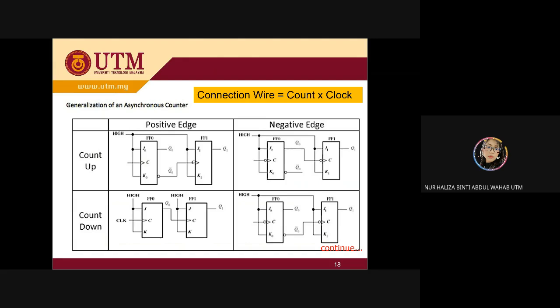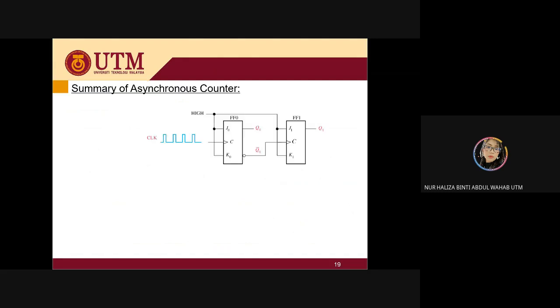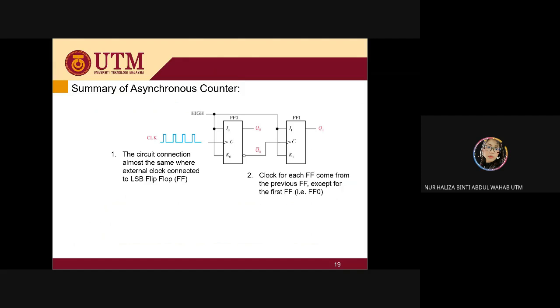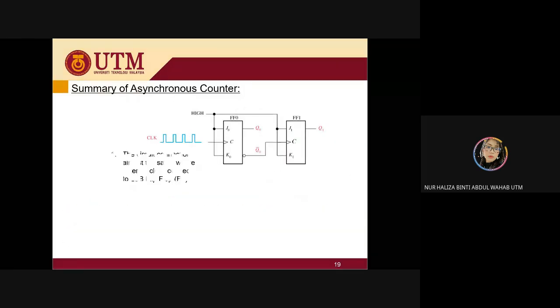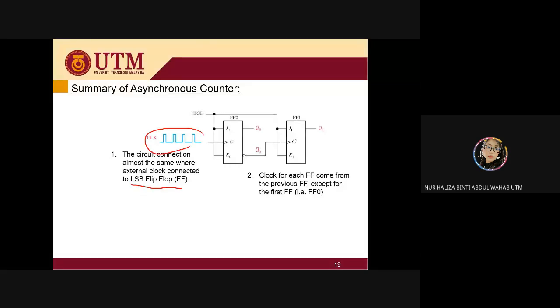Okay. Now I'm going to show you an example of 1 and 2 bits of AC, because I want you to do a Jamboard later on. You can see the connection of your clock to your LSB, and then each flip-flop gets its input from the previous FF.